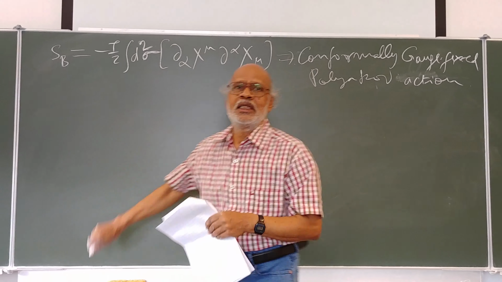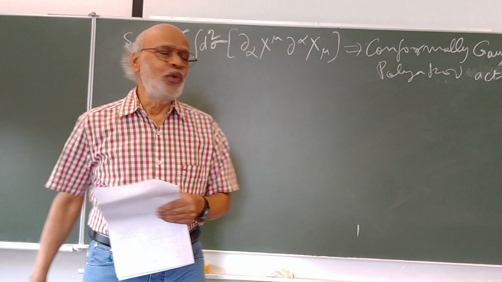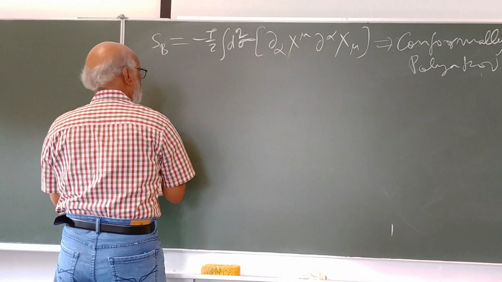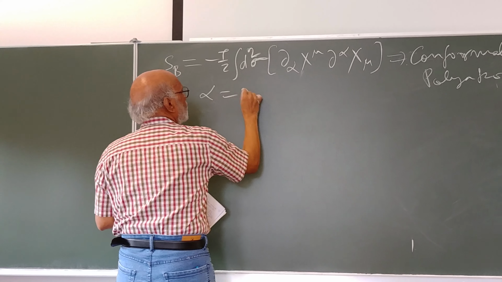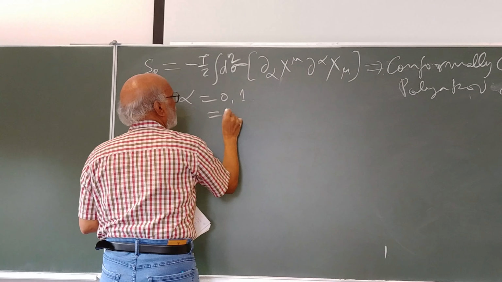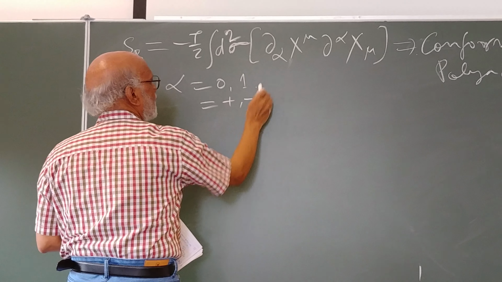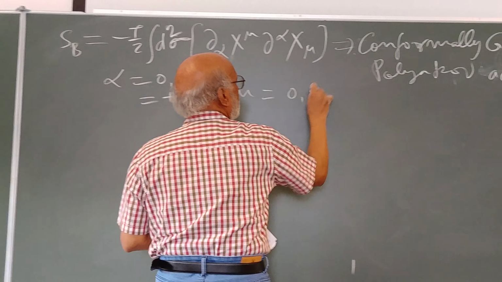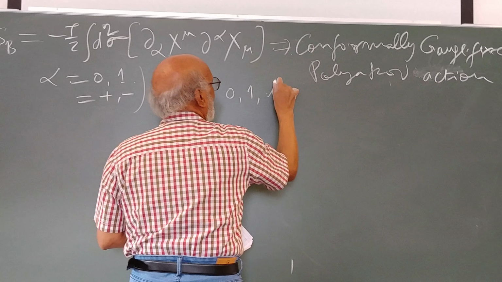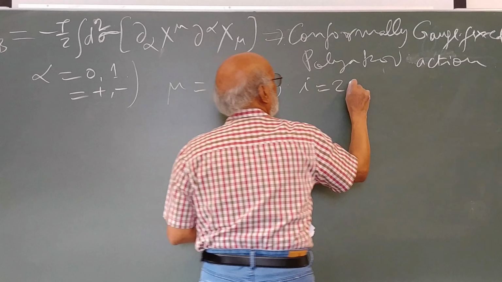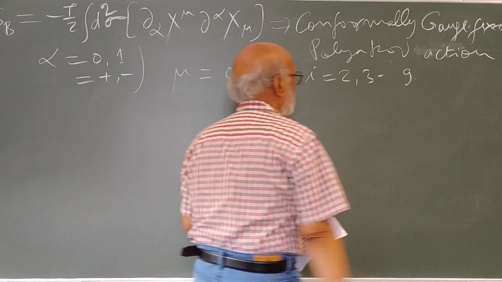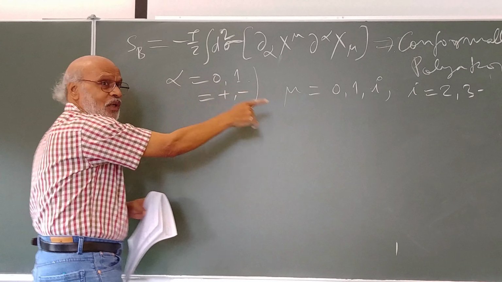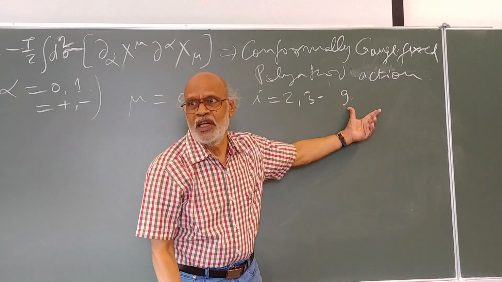This is our standard conformally gauge fixed Polyakov action, and alpha goes from 0 to 1, or plus and minus, and mu goes from 0, 1, to I. Here I goes from 2, 3 up to 9, because for a purely bosonic theory this would go up to 25.